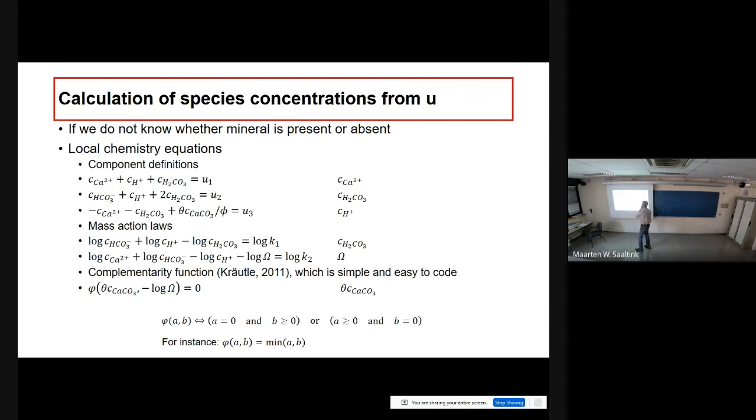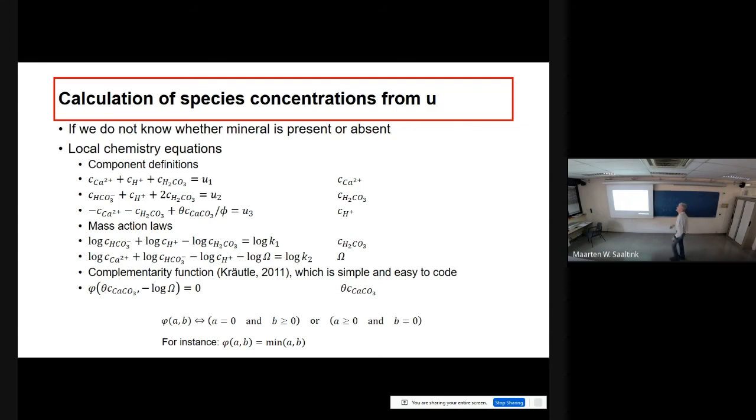Did I choose that right? Yeah, then A, so there should be no mineral. So that is a way to do it during the calculation, and just impose another equation which represents my condition.